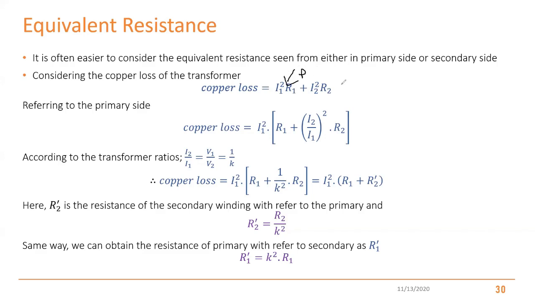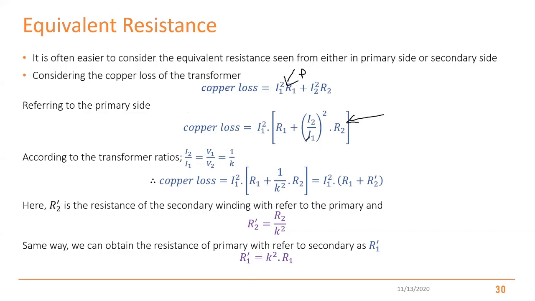In the same way, the copper loss for the secondary is I2 squared R2. If I take I1 squared out, the same equation can be written like this as well, with I2 over I1.